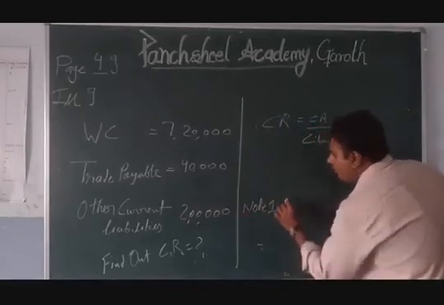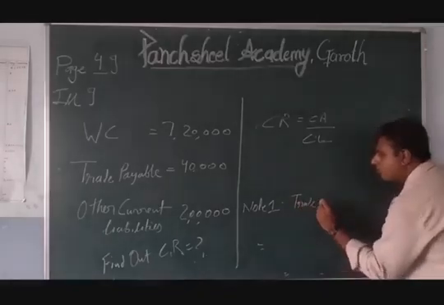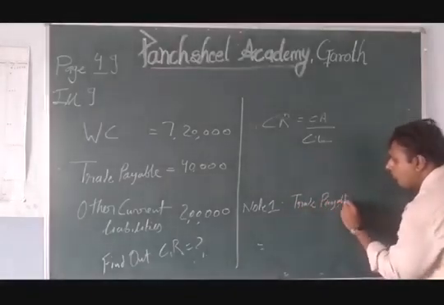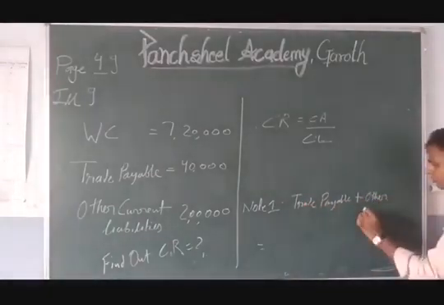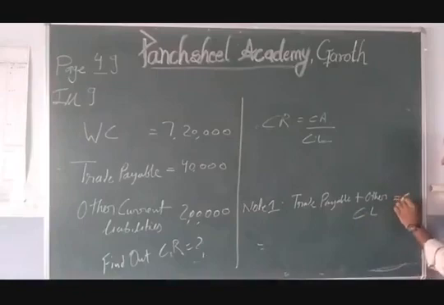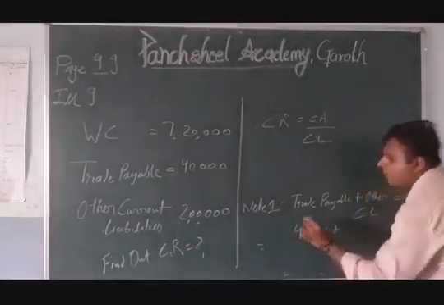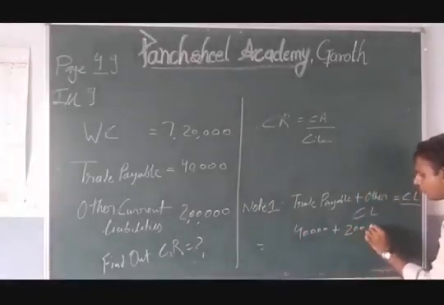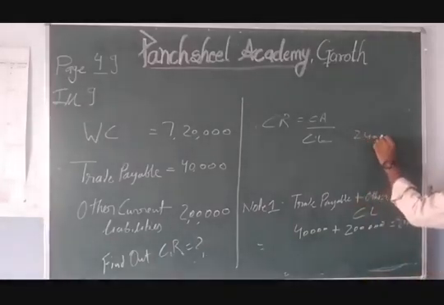Trade payables plus other current liability is equal to current liability. So we will add both of these, 40,000 plus 2 lakh is equal to how much? 2 lakh 40,000. Here I am writing 2 lakh 40,000.